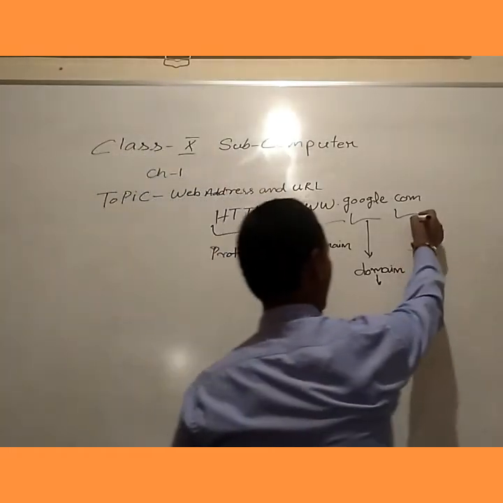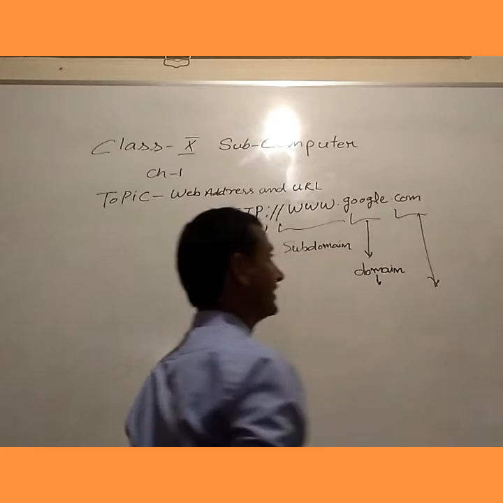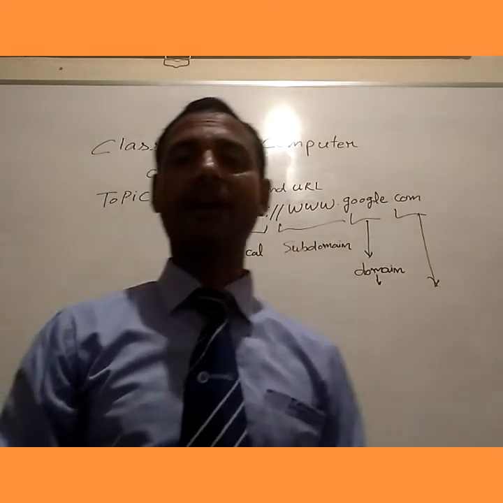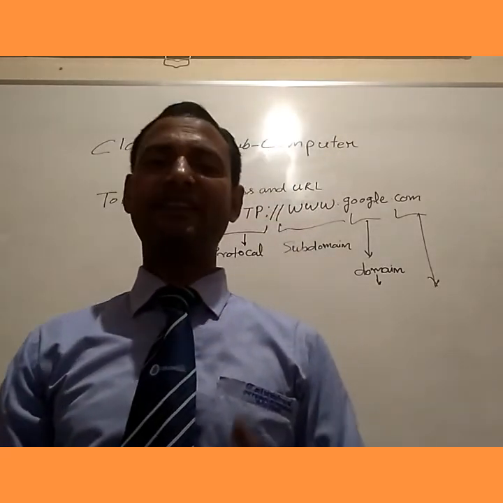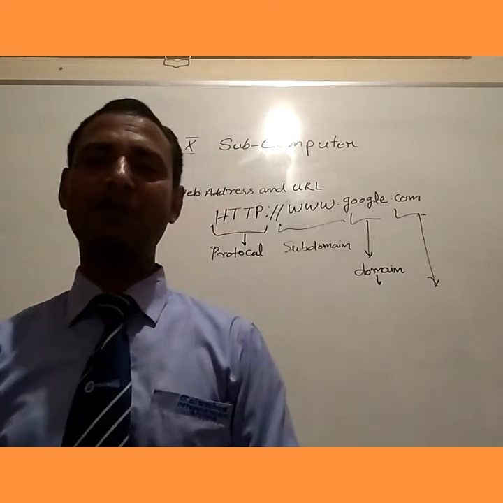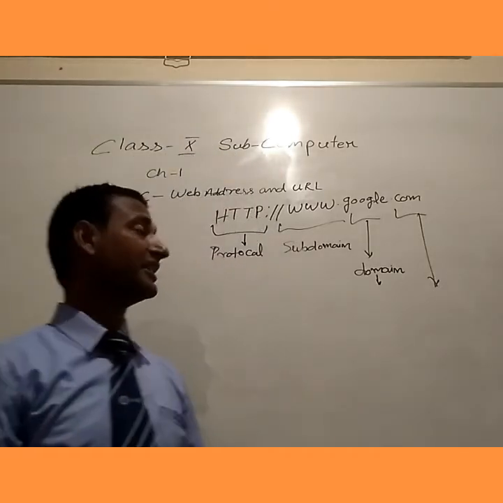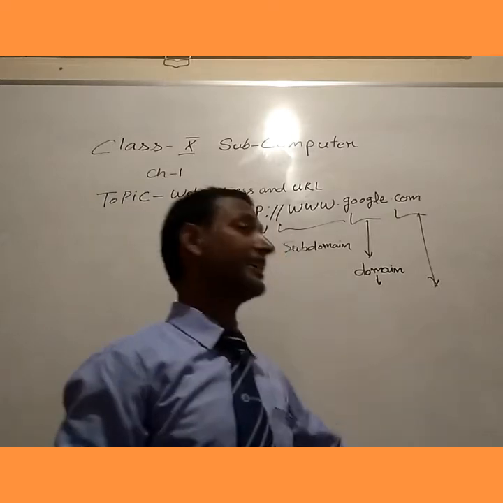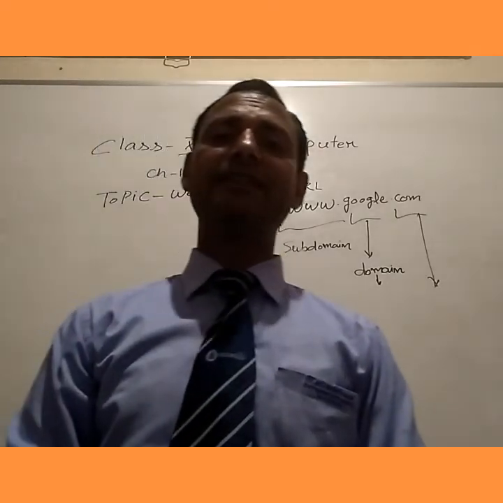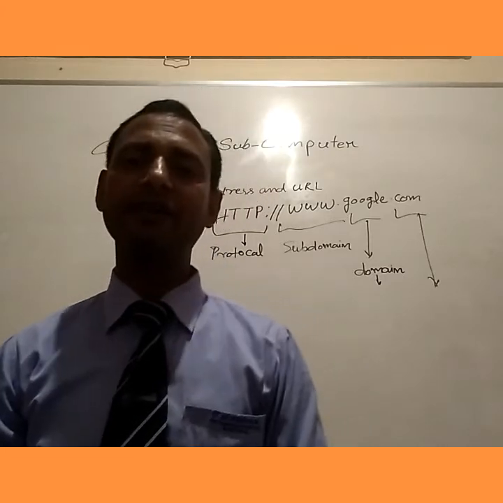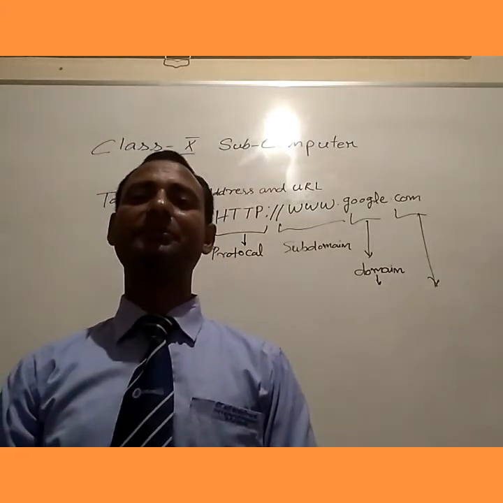And the last part is also called the fourth part of your address. In the last we use .com, .org, .gov, .edu, all have different extensions, and it defines which type of website you want to access through the web server.